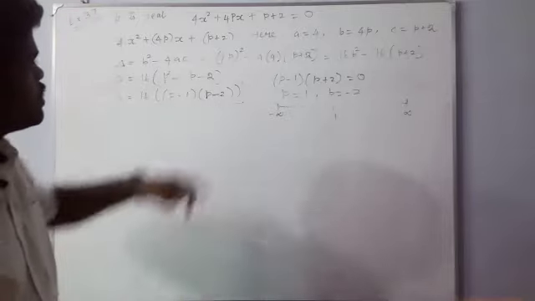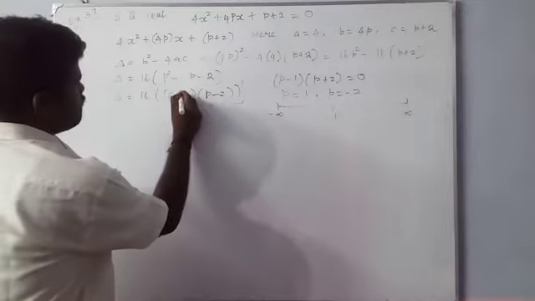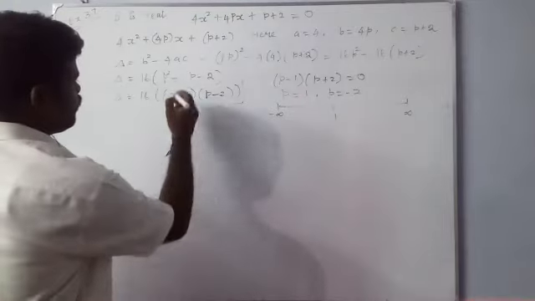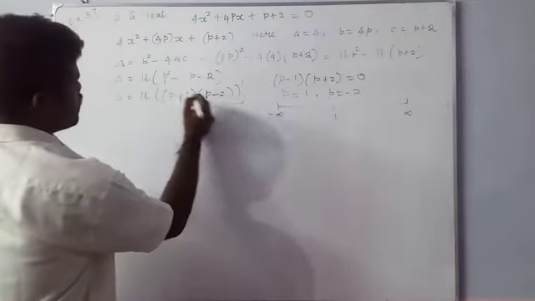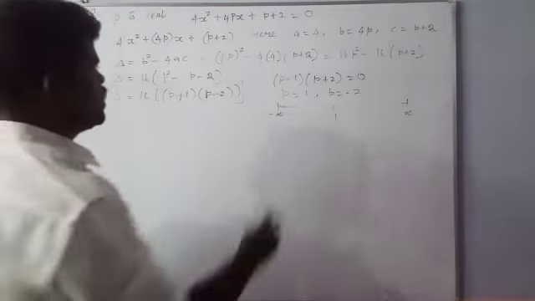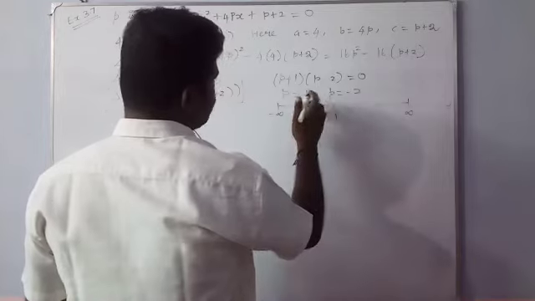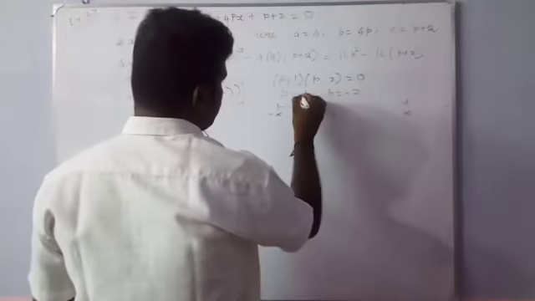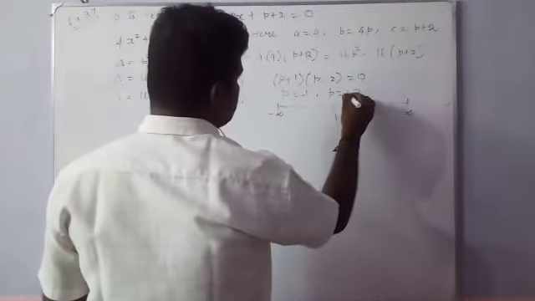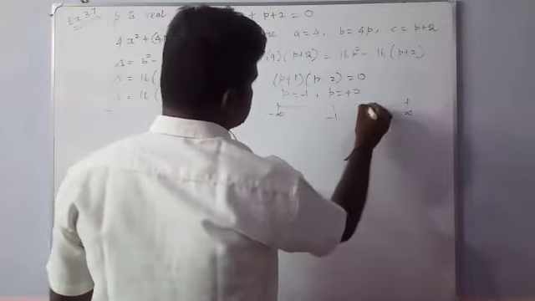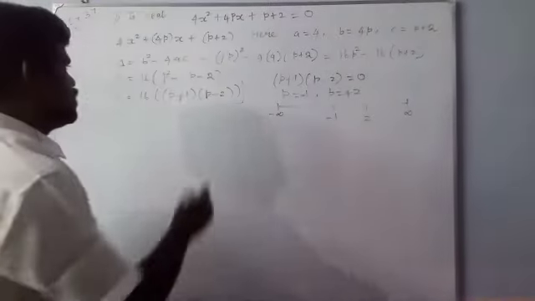Sum of the roots here is plus 1, plus 1 and minus 2. The value is plus 1, p plus 1 and p minus 2. This is p equal to minus 1 and p equal to plus 2. So minus 1 and plus 2, multiply these two.